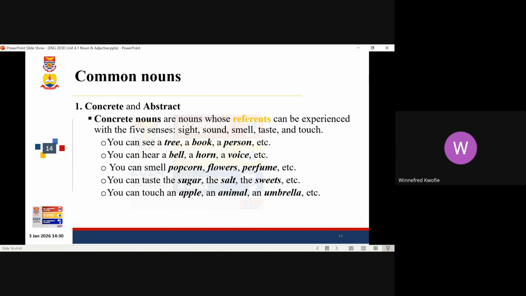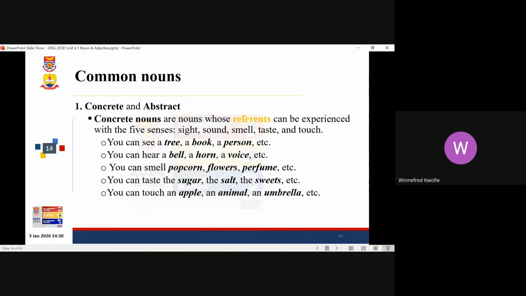For concrete nouns, we can experience them using the 5 senses. Okay. You know, there are 5 senses: the sense of hearing, sight, taste, smell, and then touch. So if the noun can be identified using any of these 5 senses, then we are looking at concrete nouns.